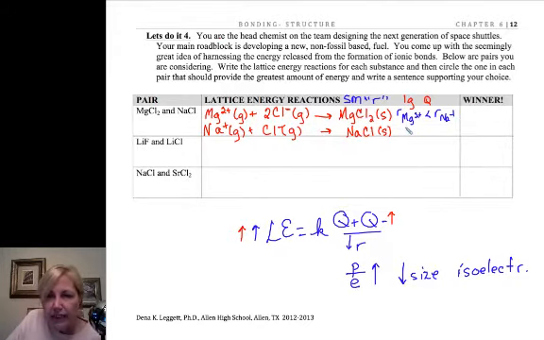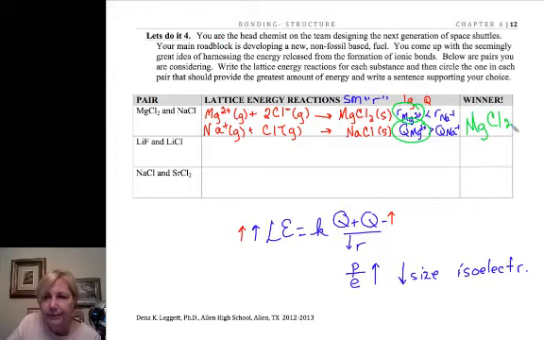Q for magnesium, since it's 2+, is greater than Q for the sodium ion. We don't have to worry about the anion because we kept that the same. So based on both radius and charge, magnesium chloride is our clear winner.